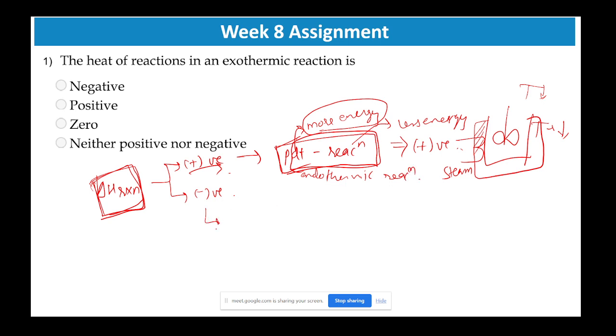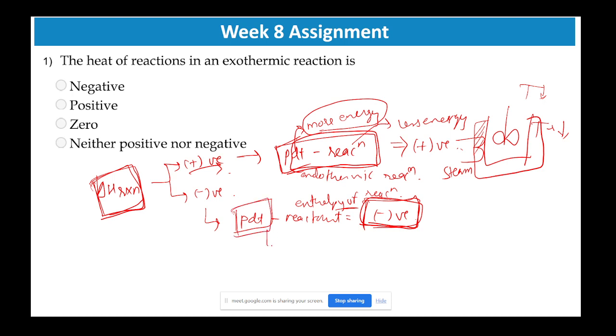Another case is when delta H is negative. So product enthalpy minus reactant enthalpy, if this is negative, it means that the enthalpy of the reactant is more, or the heat of formation of the reactant is more, which means the product consumes less energy and more energy is released during the reaction.